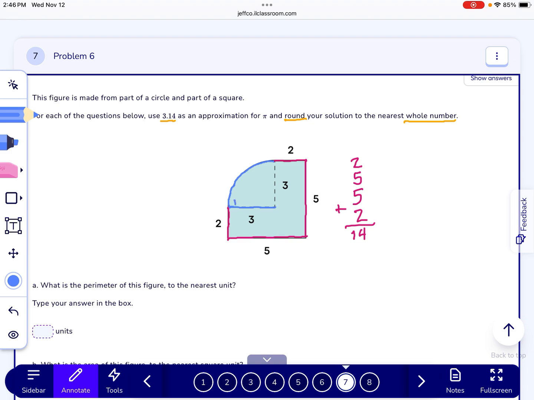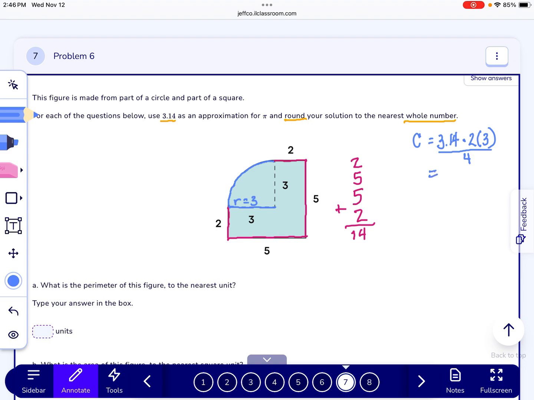So our radius is 3. We are doing 3.14 as an approximation for pi times 2 times the radius, and our radius is 3. Then all of that we're going to divide by 4 because this is a quarter of a circle. It's not the whole circle.